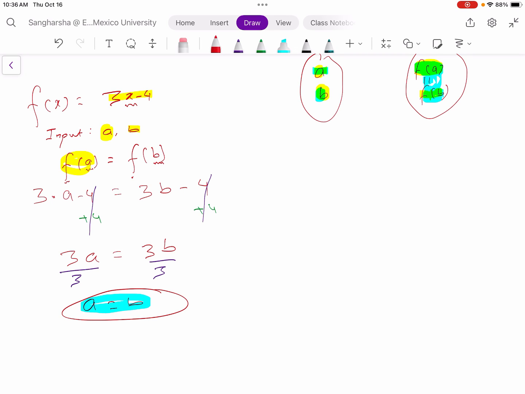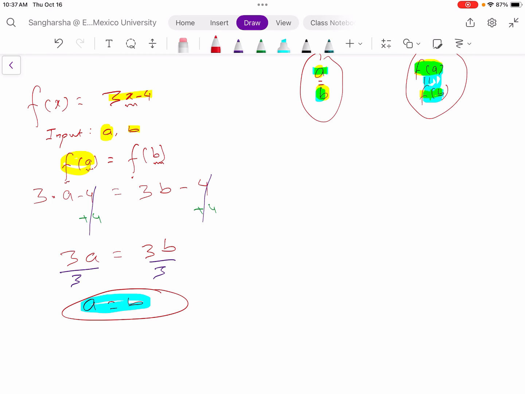So we found that A is equal to B. A and B are two different numbers, but our assumption is their output is exactly the same. And when we solve this assumption, we end up getting our inputs equal to each other. But we had A and B as different numbers in the very beginning. After assuming their output is exactly the same, we have the input the same.